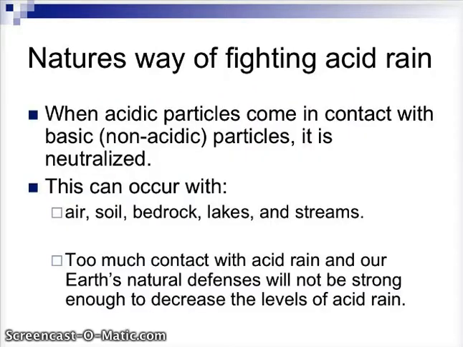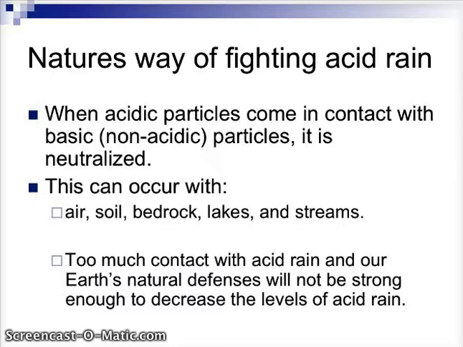Now, nature has some great ways to fight acid rain. Some of the best things that exist are around us, everywhere that we can see: our lakes, our streams, our soil, even our air. But if too much of these things are washed away by rain in acid rain or broken down faster, there's not going to be much of a way for Earth to combat this acid rain that has really been created by human activity.